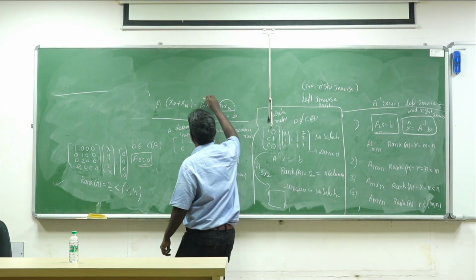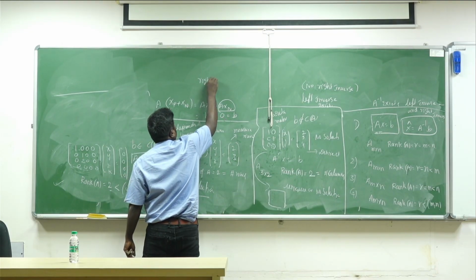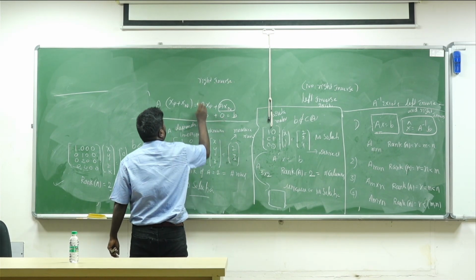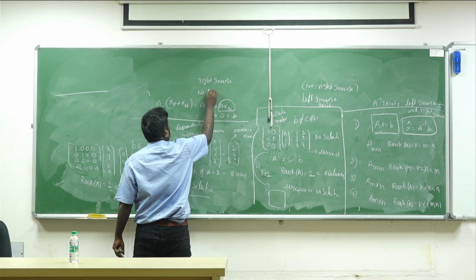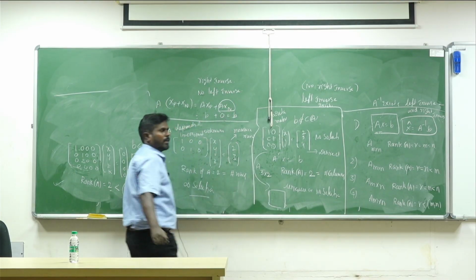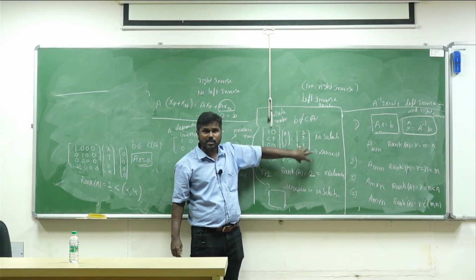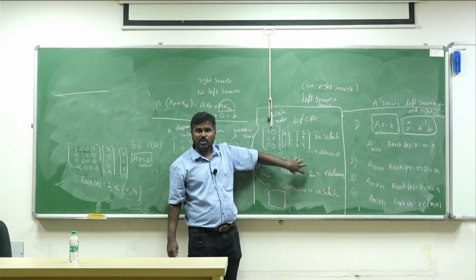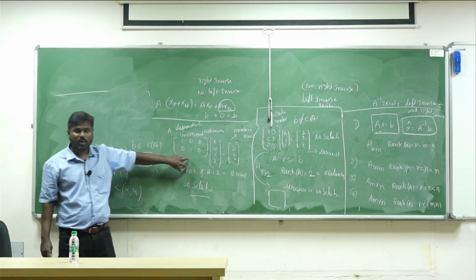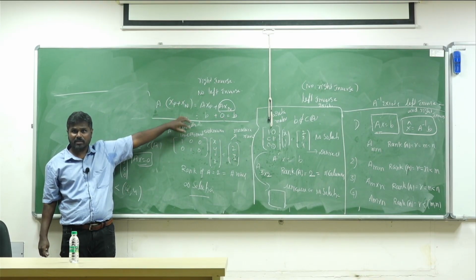In the other case, you have a right inverse, and you don't have the left inverse. So the left inverse solves this problem. The solution to this is to do with the left inverse here. The solution to this one is to do with the right inverse, not the left inverse.